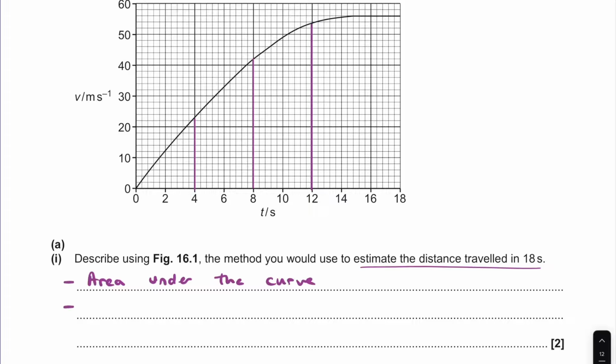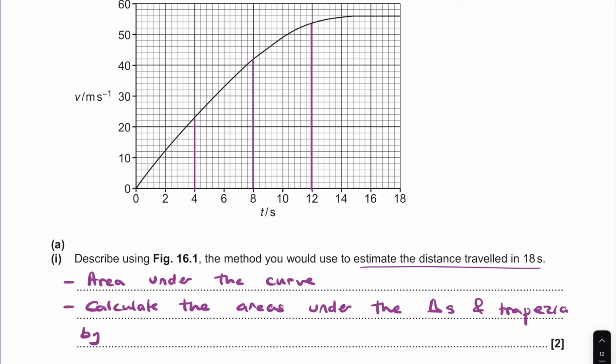You would measure or calculate the areas under the triangles and trapezia by calculating.